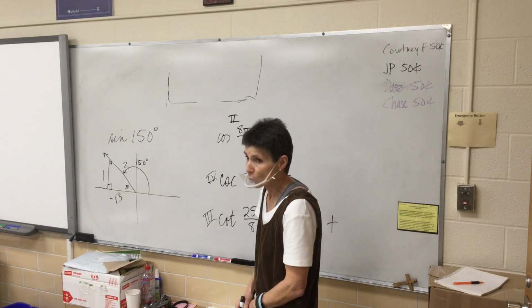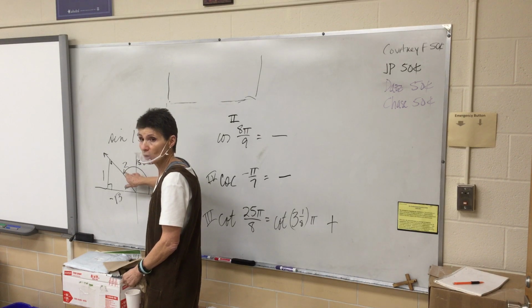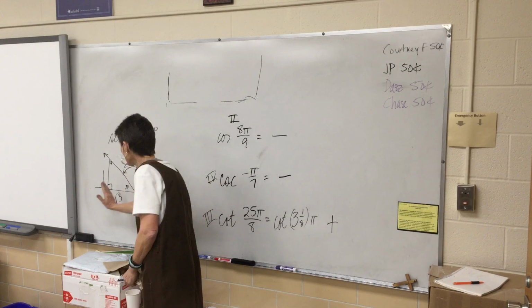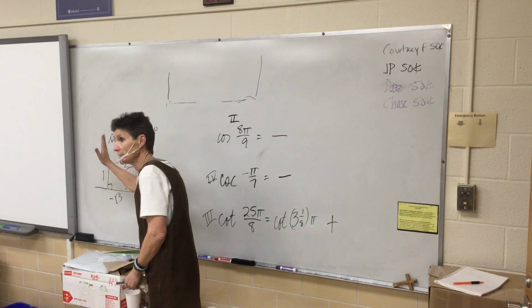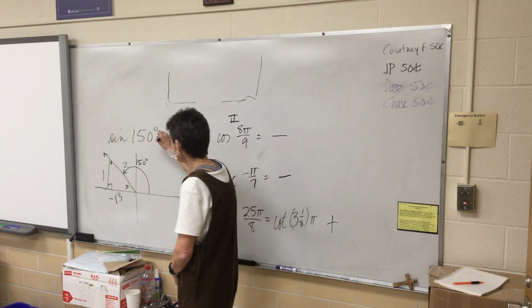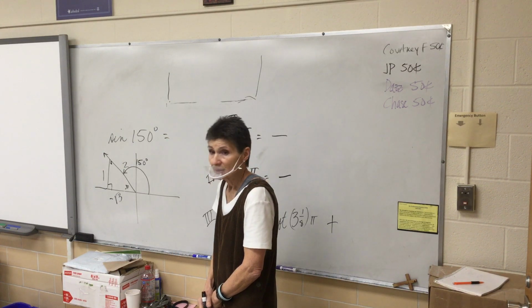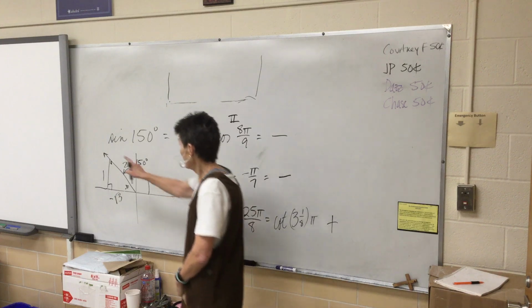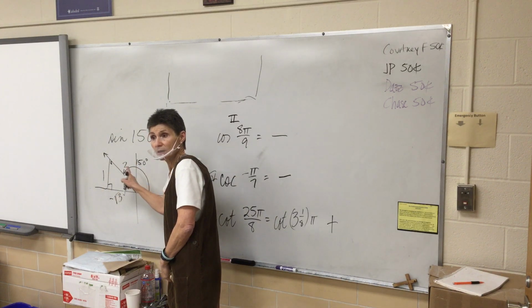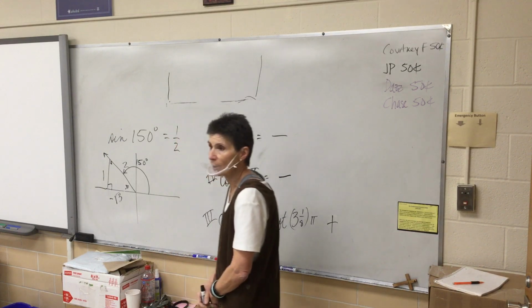What will never be negative is the hypotenuse. That number is always positive. But these two can be negative depending on where you've drawn your triangle, okay? Now, in this case, it isn't going to matter because we want the sine, and the sine is opposite over hypotenuse, so the answer to the question is just positive 1/2.